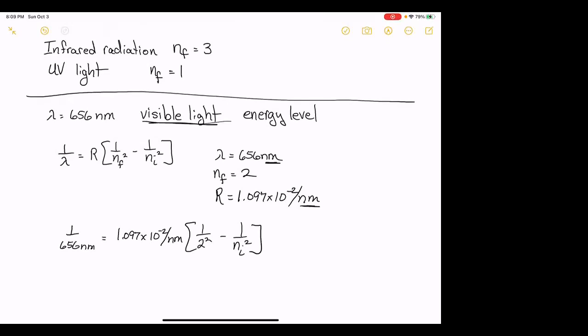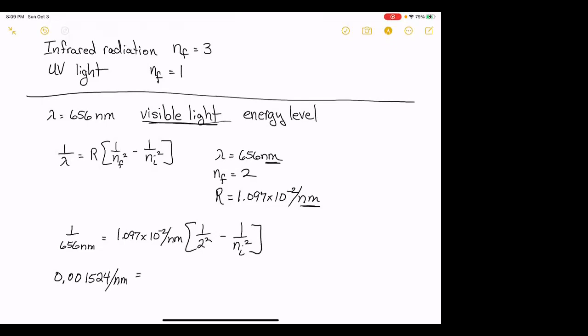So let me get back to my calculator on my phone. I simplify things just to make my life a little easier. 1 divided by 656 is 0.001524 per nanometer.